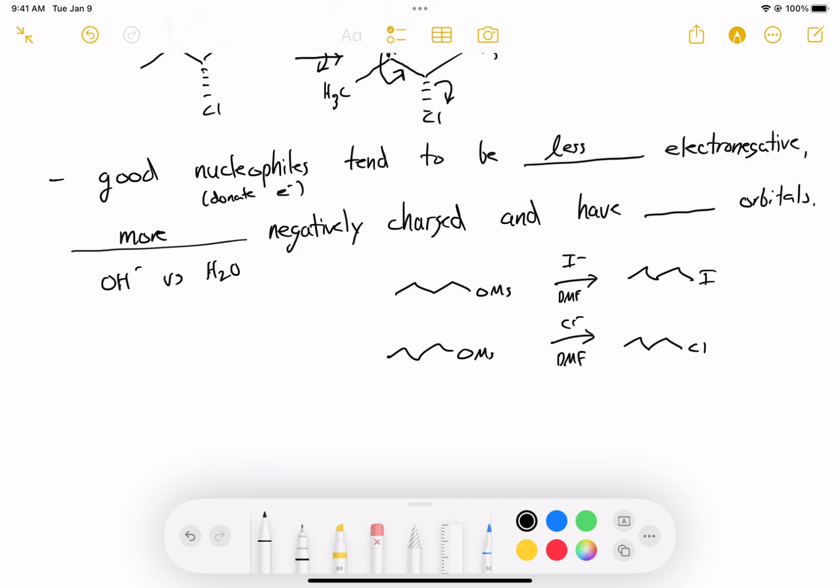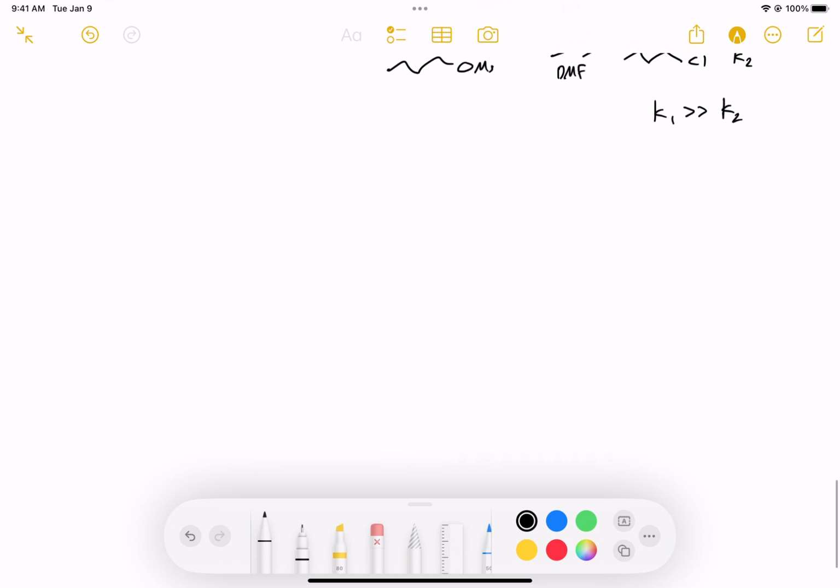So the K1 here will be much greater than K2. Okay, and that's because iodide has a larger orbital, and so it's easier to form a bond when it comes and approaches for substitution. So we want to have larger valence orbitals in this case. Okay, let's move on here.